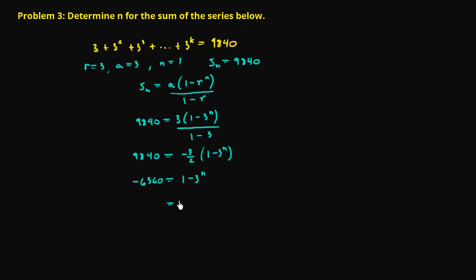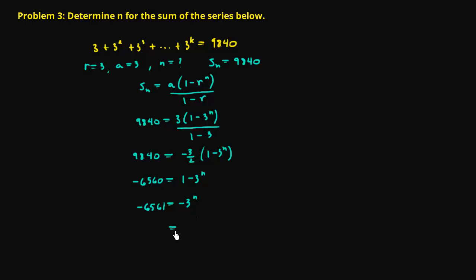Now, in order to isolate negative 3 to the n, I subtract 1 from both sides of the equation. So I get minus 6,560 minus 1, which is minus 6,561, is equal to negative 3 to the n.